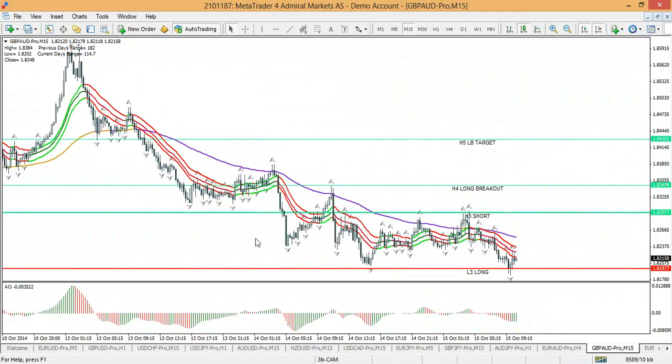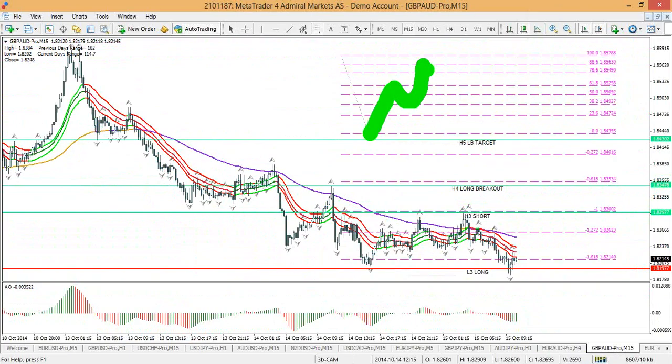Let's see, what target do you go for on an 88 fib in general? If you have an 88.6 fib, you can actually aim for the opposite bottom or the opposite fib. So for instance, if price goes all the way up to the 88.6 fib, you could actually put a fib like this in the opposite direction.